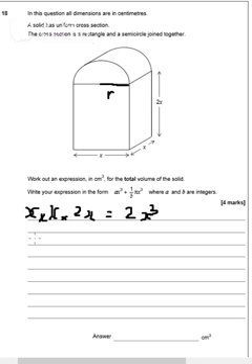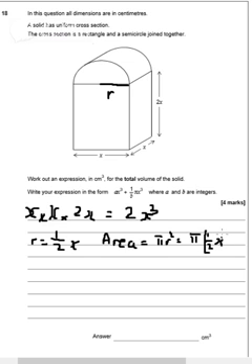So the radius is a half x. The area of the circle is pi r squared, which is equal to pi times 1/2 of x, squared.